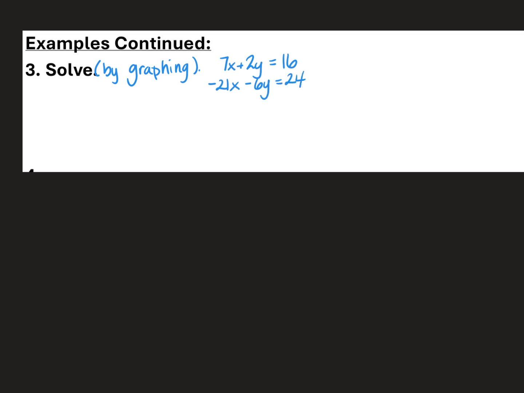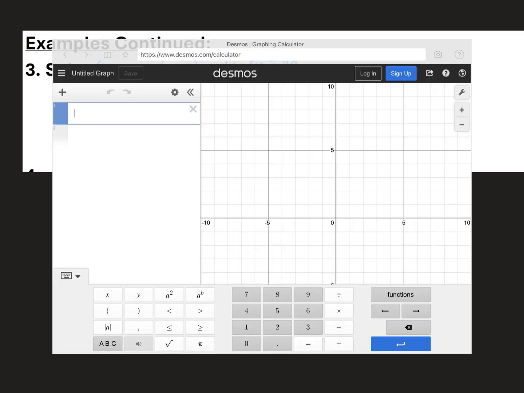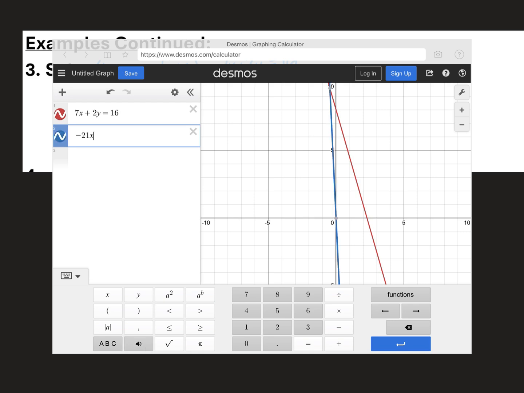I'll pull up Desmos since we're solving by graphing. Type the first one in, 7x plus 2y equals 16, then negative 21x minus 6y equals 24.